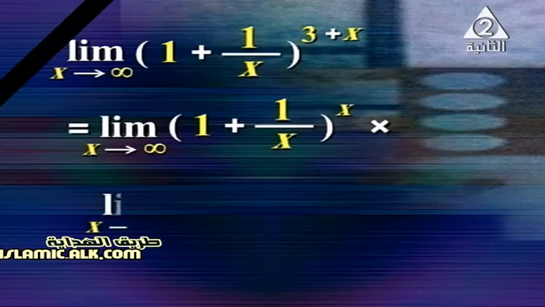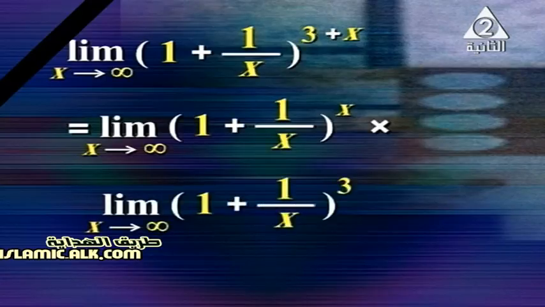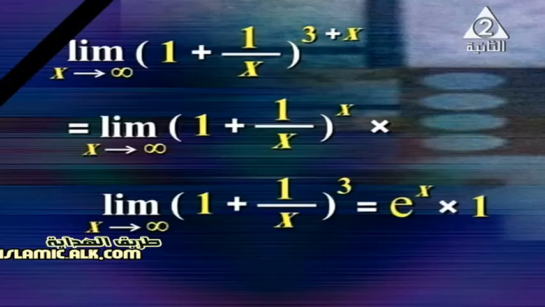Then the limit of 1 plus 1 over x, all to the power x, times the limit of 1 plus 1 over x, all to the power 3. What is the limit of 1 plus 1 over x, all to the power x? Good, it is e. Then the first limit is e, the second limit is 1. The answer is e.